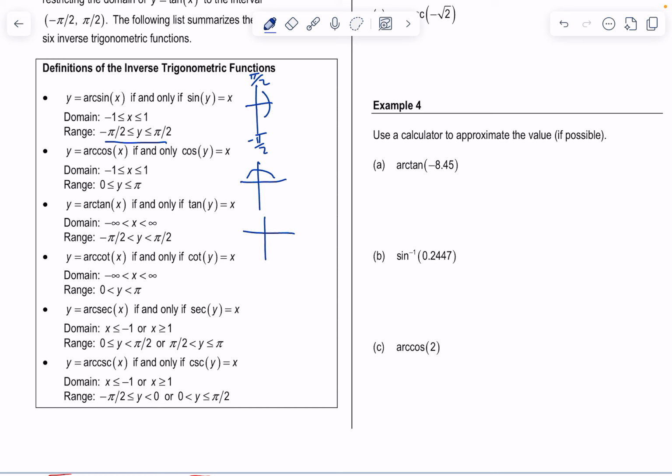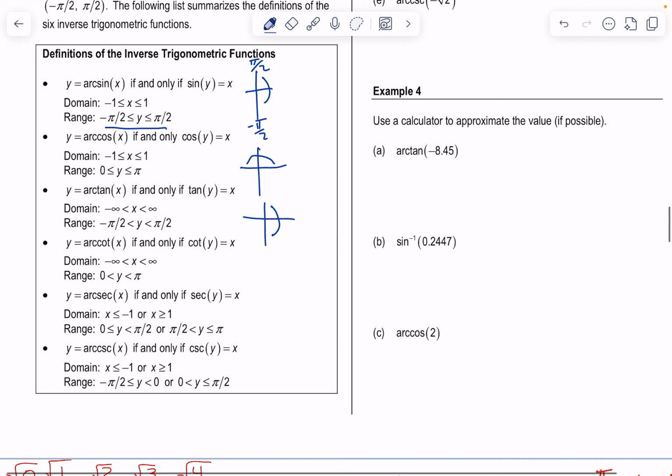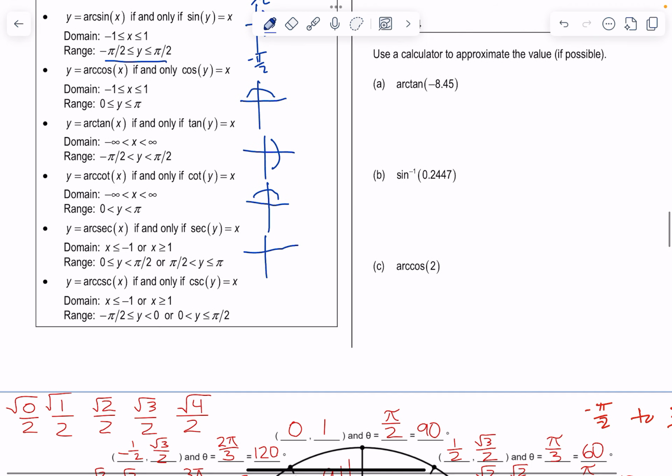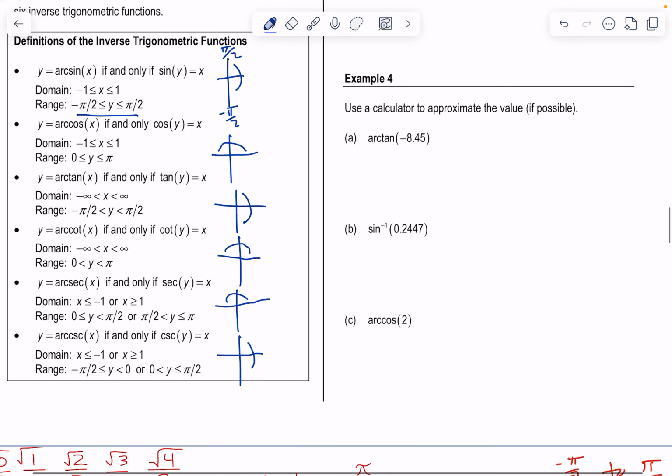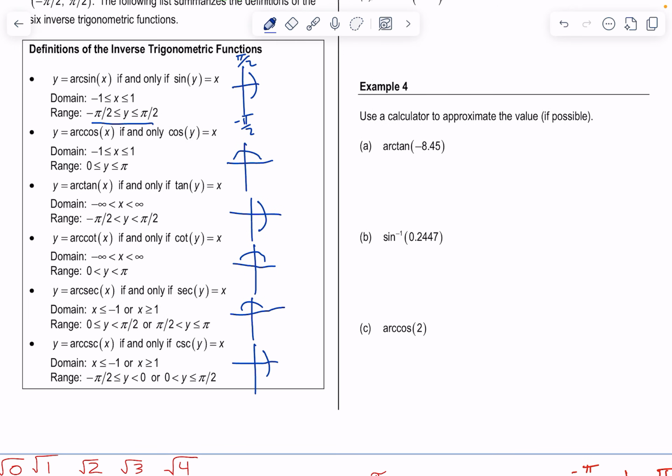For tangent, it's this way. For cotangent, it's that way. For secant, it's this way. For cosecant, it's this way.